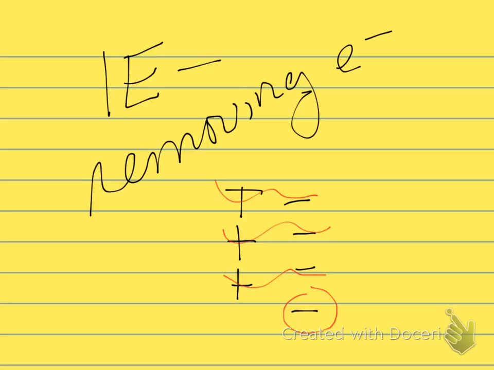So ionization energy is all about making positive ions because we're removing electrons. Are all ions positive? No. We have lots of negative ions. So that gets us to our next idea.